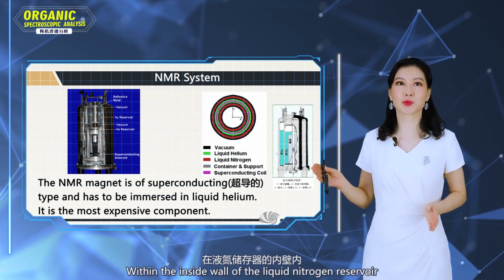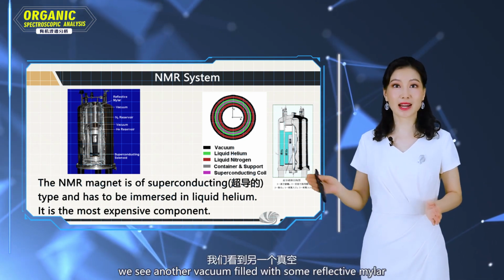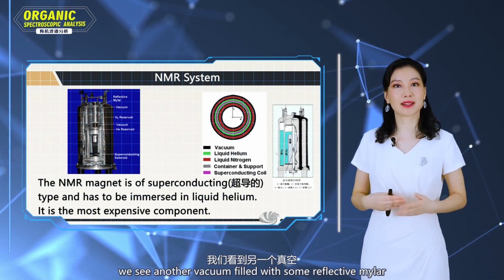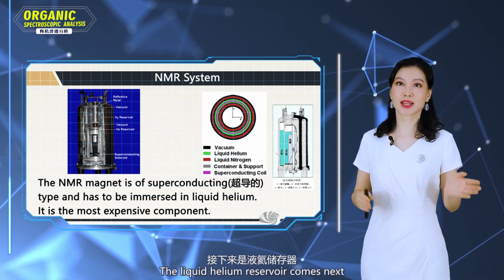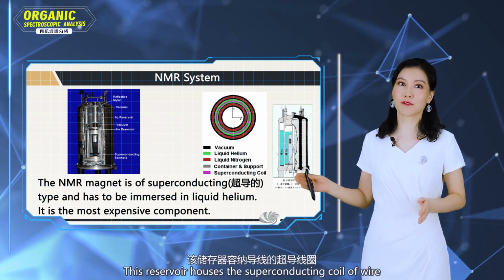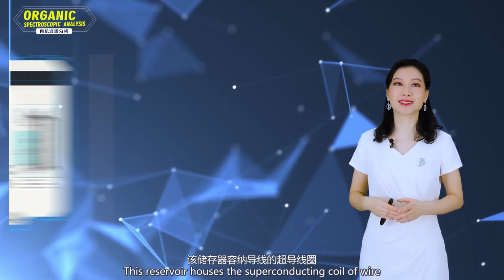Within the inside wall of the liquid nitrogen reservoir, we see another vacuum filled with some reflective material. The liquid helium reservoir comes next. This reservoir contains the superconducting coil of wire.